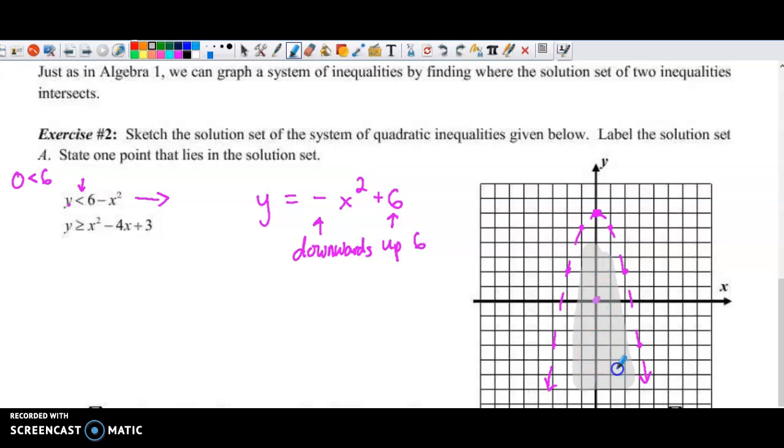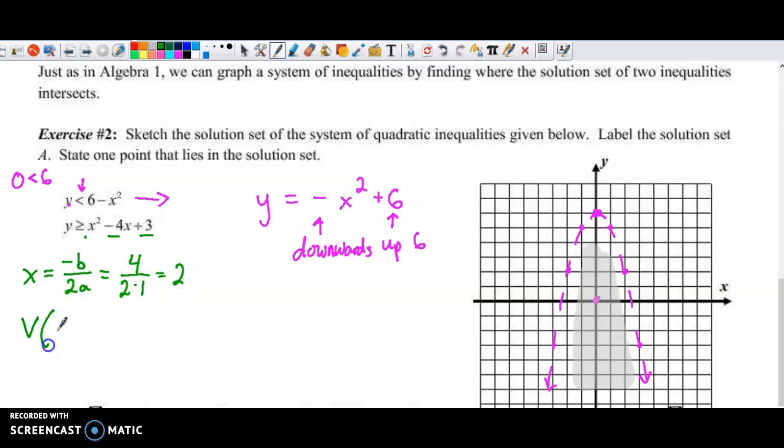And what I'm really concerned about is where they overlap. So the other one's a little bit trickier to graph, but you may remember our rules of negative b over 2a. So if you remember a, b, c, then if we were doing negative b, it's going to be positive 4 over 2 times 1, which is positive 2.